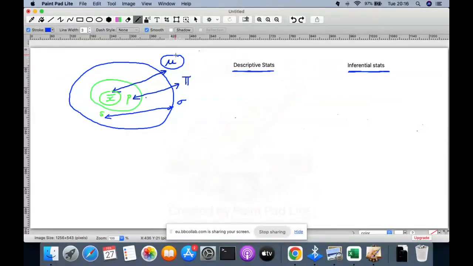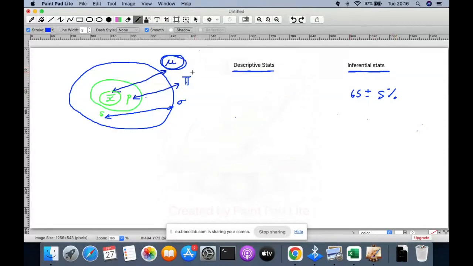But because I'm not taking everyone, the average that I get from the sample of these 400 students, 100 from each province, is not going to be exactly equal to mu. But from the sample, I found that the average mark was 65%. I can say with confidence that the true value is around 65, give or take 5%.